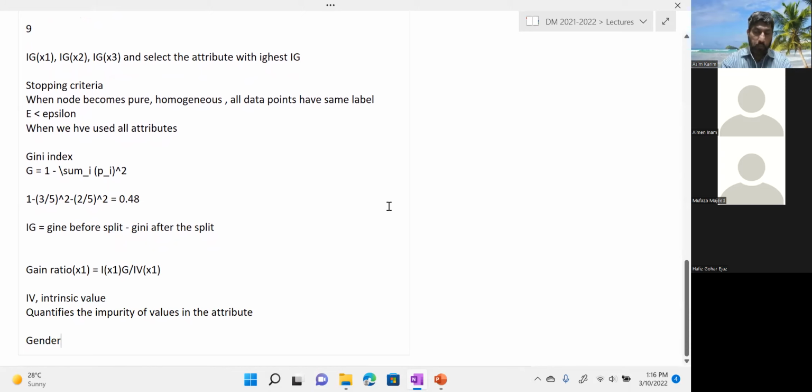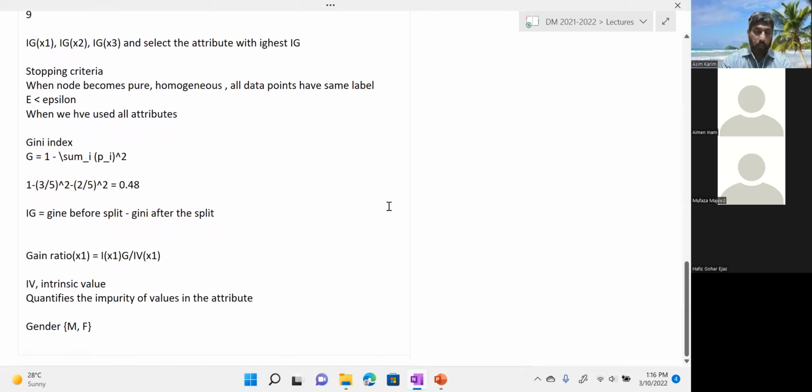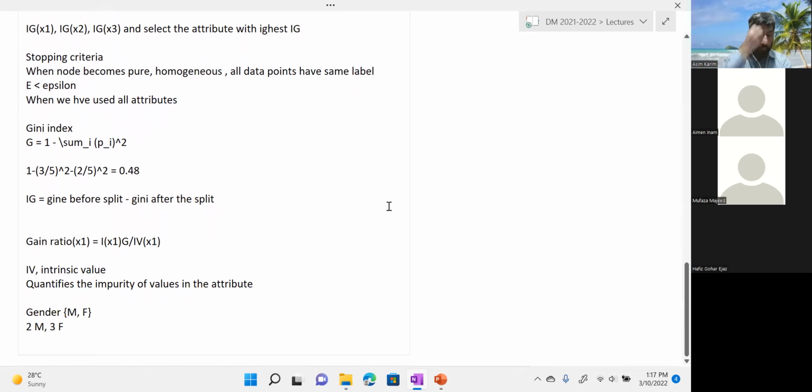So gender में दो possible values हैं, male and female. And in our given data set, we had, I think, 2 males and 3 females. So the intrinsic value of this attribute would then be the entropy of this inhomogeneity of this set.